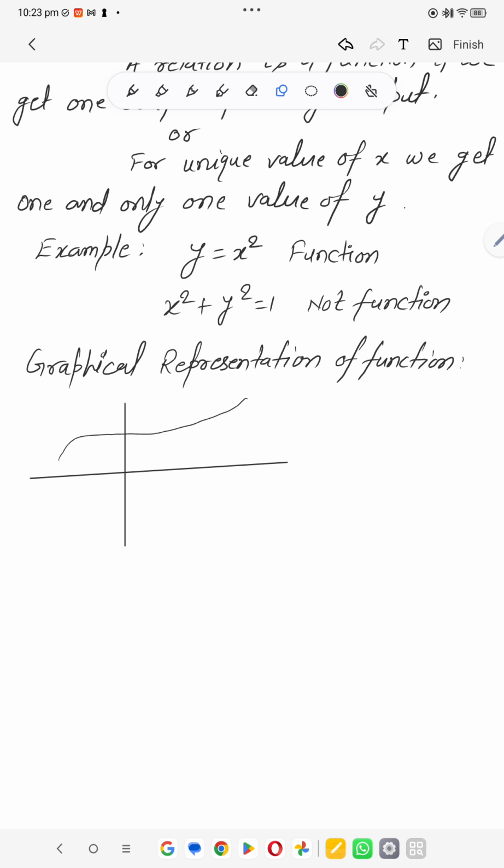As we draw lines x equals k1, x equals k2, x equals k3. This is the y-axis, this is the x-axis. For each and every value of x, there is a single value of y, so it is a function.